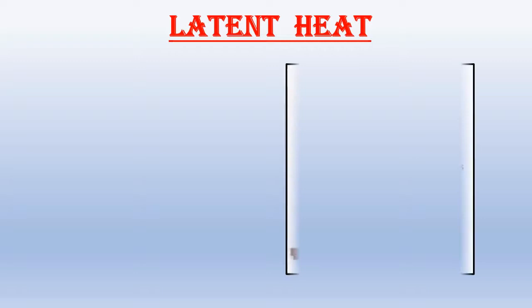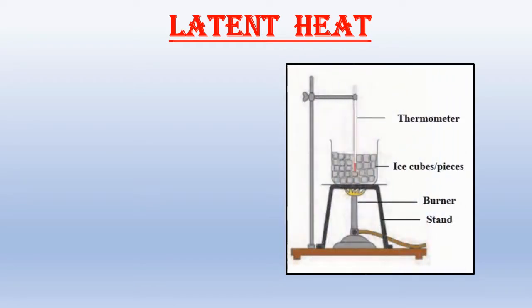So let us move on with the actual topic, module 1, which is latent heat. To understand this, first we will have to perform an experiment, and we will understand the meaning of latent heat as we proceed with the experiment. So here we can see what all things we need.